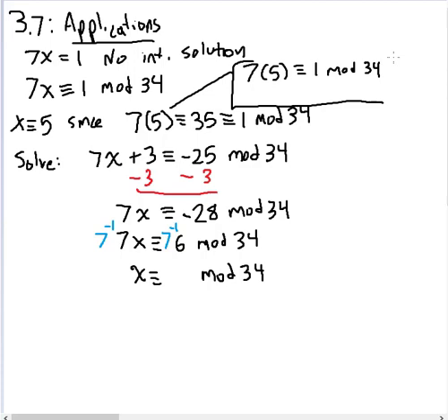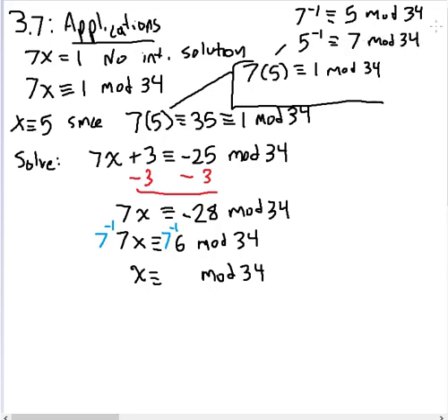That means 5 is the inverse of 7, and 7 is the inverse of 5. So I can just write it out: 7 inverse is 5 mod 34, and 5 inverse is 7 mod 34.